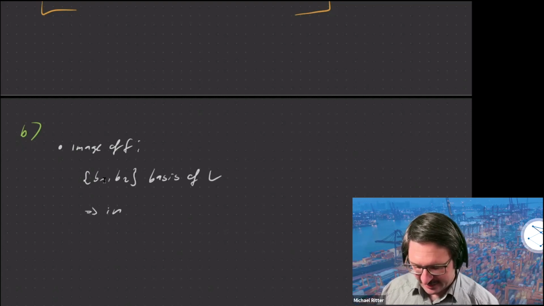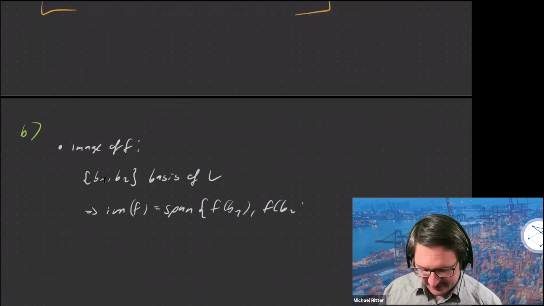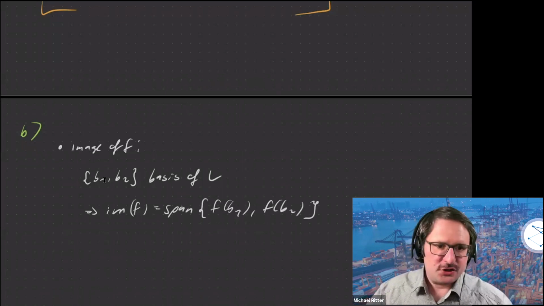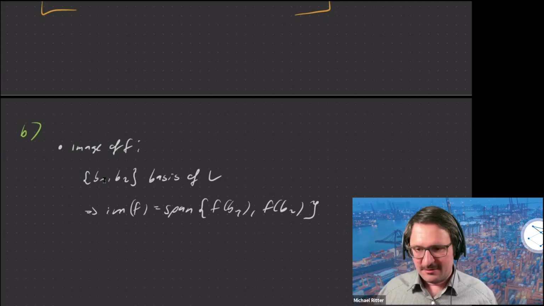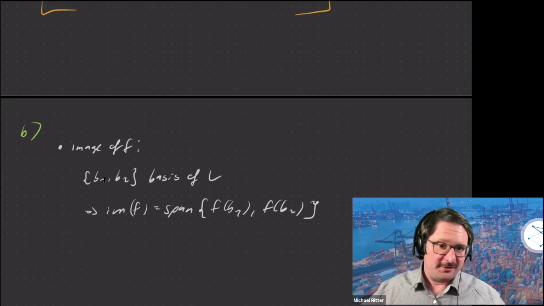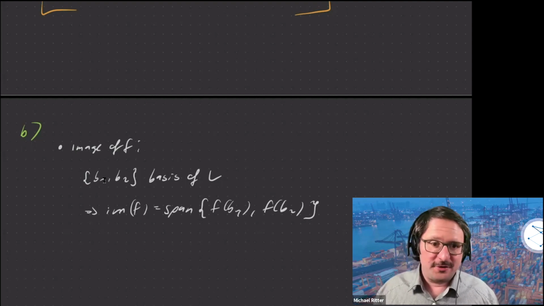So the image of F is the span of the values of F on that basis, or on any other basis. In this case, that's the easiest choice because you already know the values of F on those basis vectors. If you took something like the standard basis, which might not even be possible for this vector space V, you would have to compute the values first.